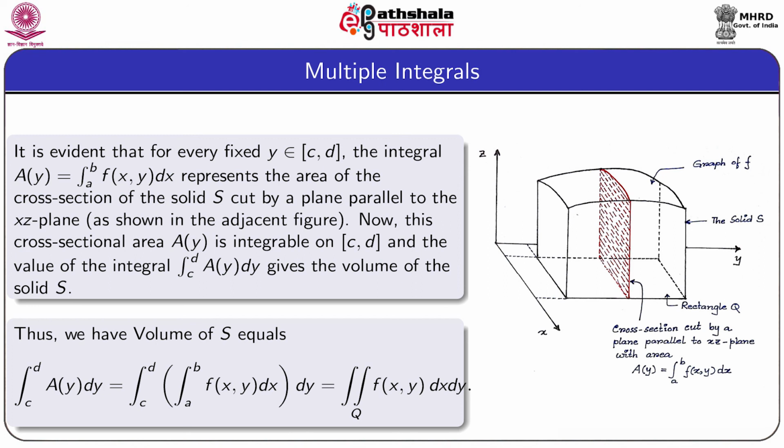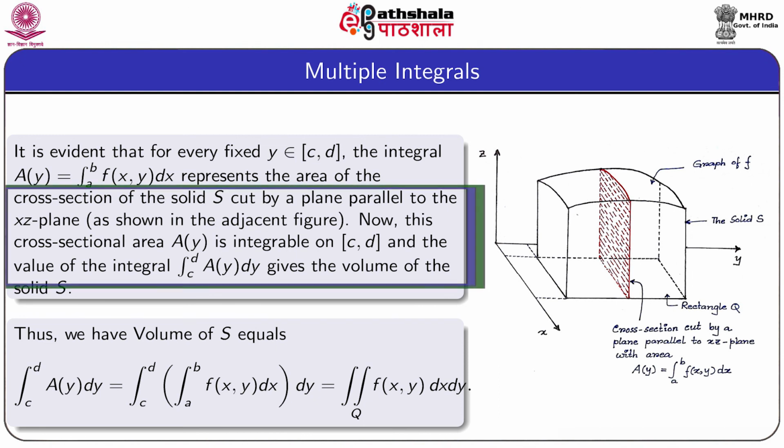It is evident that for every fixed y from the bounded closed interval [c, d], the integral A(y) equal to a to b of f(x, y) dx represents the area of the cross section of the solid S cut by a plane parallel to the xz plane. We have shown it in the figure.